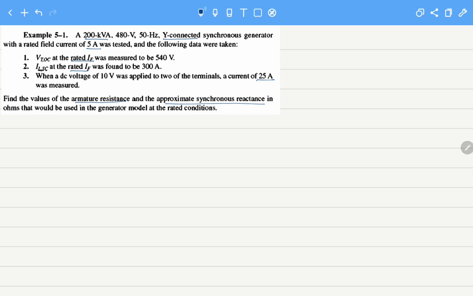So we all know that the synchronous machine has the stator, the stationary part, and then we have the rotor that is inside the stationary part. This is the rotor, and here it is producing a magnetic field due to IF. Inside the stator we have a three-phase winding.